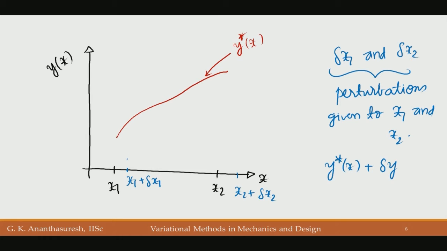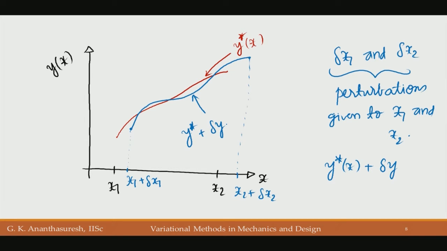That means I need to define a new function, from here to here, something like that. So, from the red curve to the blue curve, this is the perturbed one, y star plus delta y.